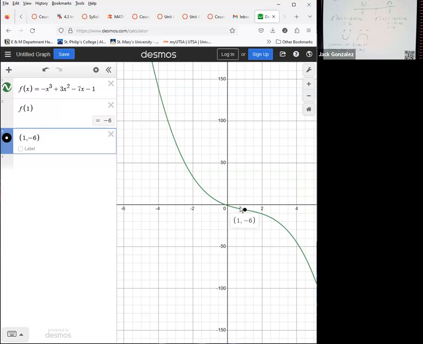Before that, we are opening upward, right? That's what we found with the second derivative. After, we're opening down. So concave up before 1, from negative infinity to 1, and concave down from 1 to infinity.